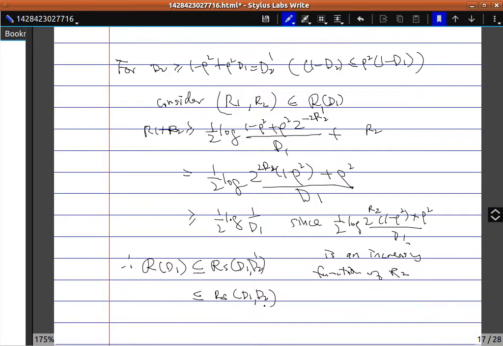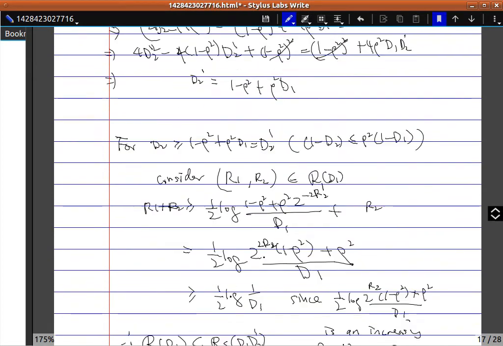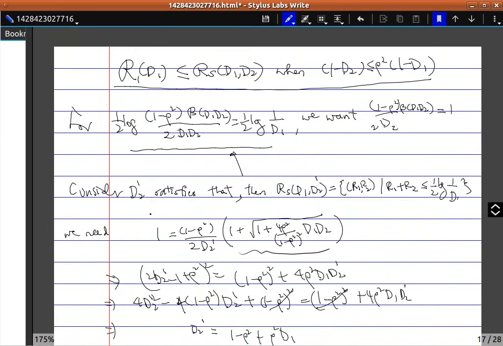And of course, d2 is bigger than or equal to d2 pi, and that means you have a looser constraint. Because the constraint is looser, the rate region you expect will be bigger, right? There will be more rate pairs achievable. So therefore this will be inside our R S D1 D2, so that we prove that part here.